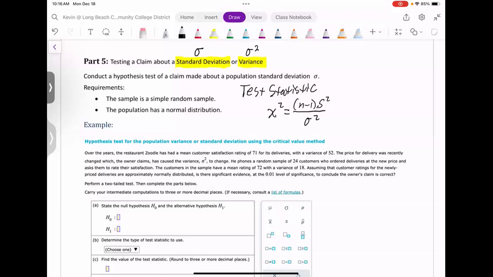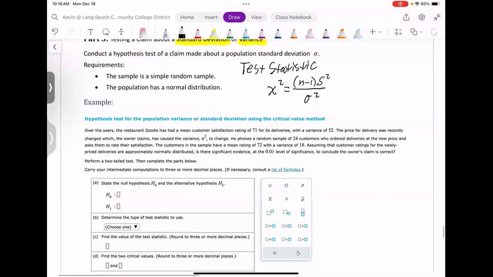So we will be using this formula. We'll also be using the table. And remember that a chi-squared distribution does not look like a T or a Z distribution. It's not bell-shaped. It is skewed right with a longer tail to the right, which we'll see in just a moment. So let us begin this.